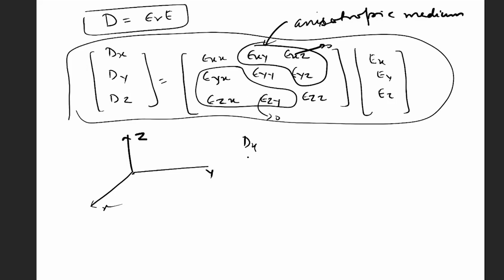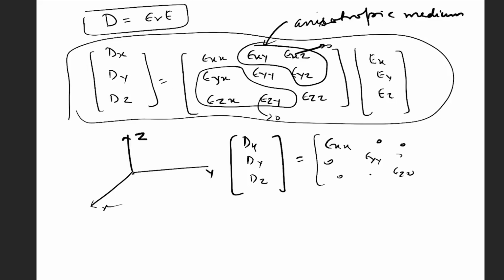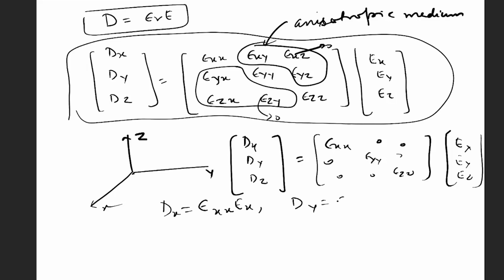So what we will have, Dx, Dy, Dz is equal to epsilon xx, epsilon yy, epsilon zz on the diagonal, and 0 elsewhere, times Ex, Ey, Ez. So we can easily write Dx is equal to epsilon xx Ex, Dy is equal to epsilon yy Ey, and Dz is equal to epsilon zz Ez.